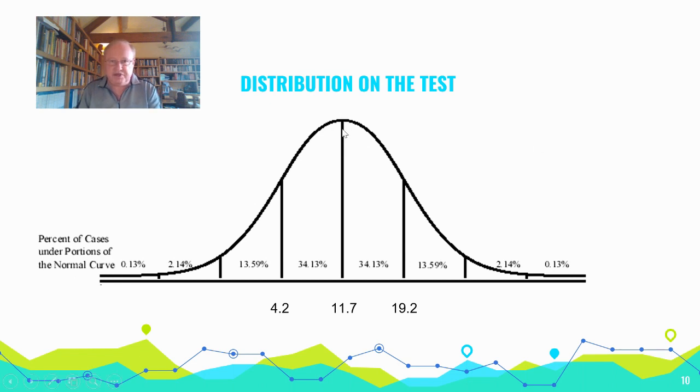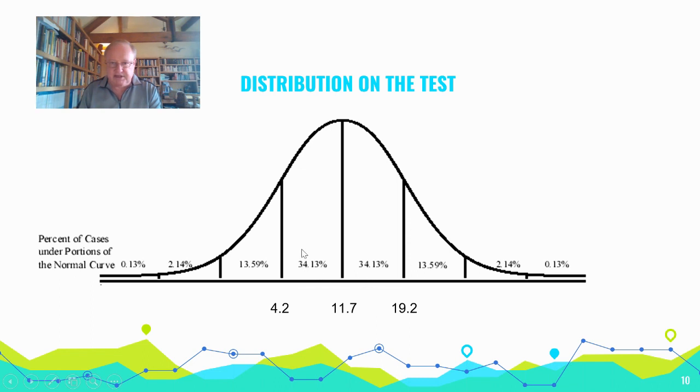The average, which defines the central point on the distribution, on our test is 11.7, and that's 0 standard deviations, because the x minus x bar column always adds up to 0. 11.7 minus 7.5 is 4.2. 11.7 plus 7.5 is 19.2.